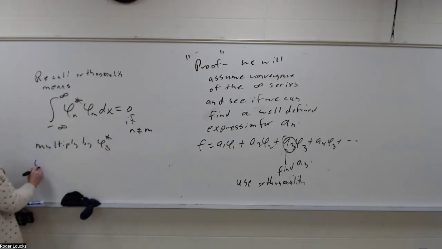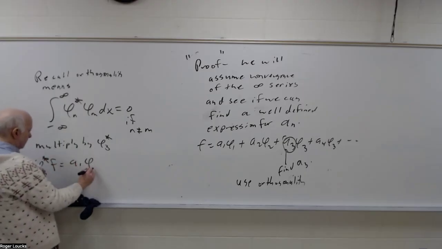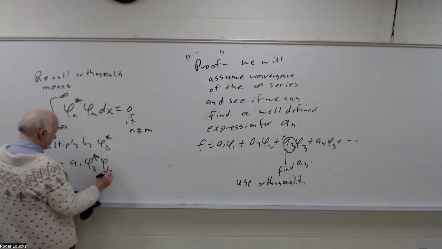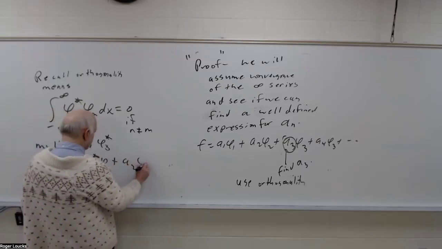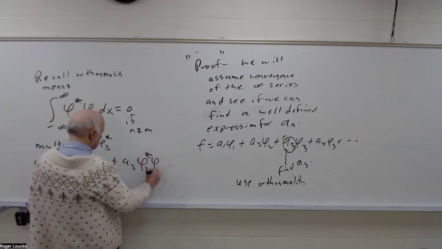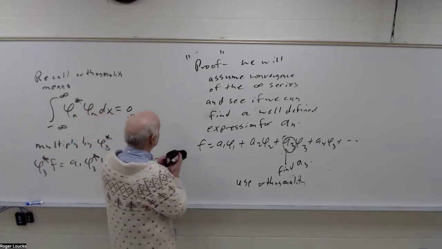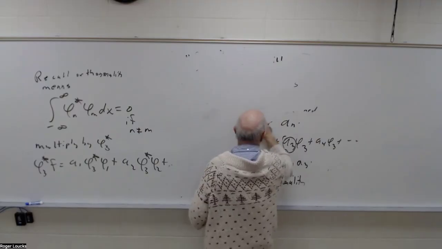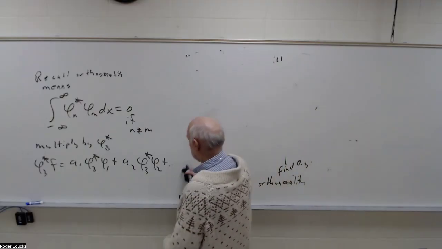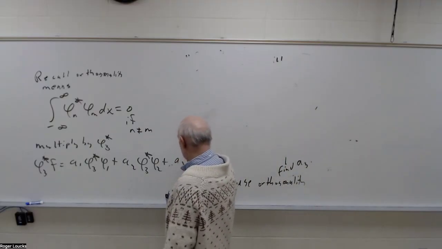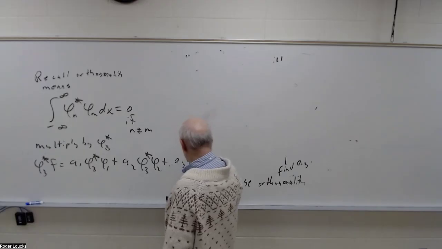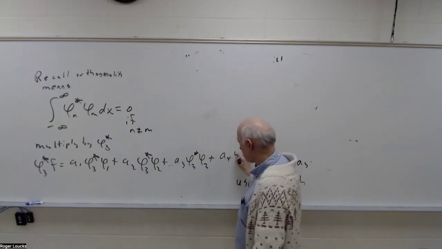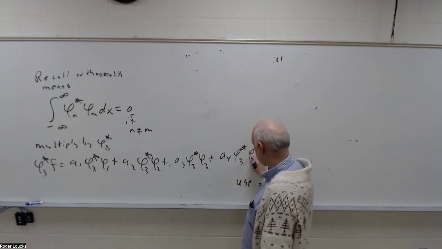So this gives me phi 3 star f equals A1 phi 3 star phi 1 plus A2 phi 3 star phi 2, plus A3 phi 3 star phi 3 plus A4 phi 3 star phi 4.